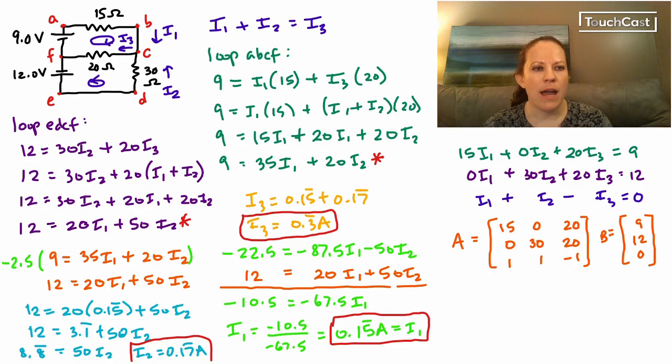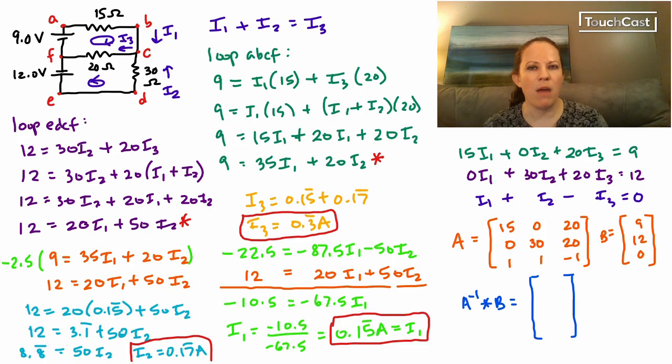And now I can enter, let's pick another color for fun. How about this one? And then when I do the inverse of matrix A multiplied by matrix B, I'm going to get a 3x1 matrix, and its values are going to correspond to I1, I2, and I3.